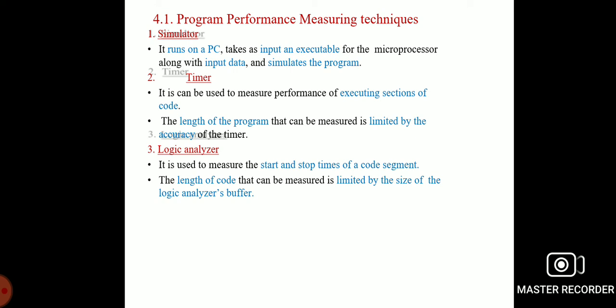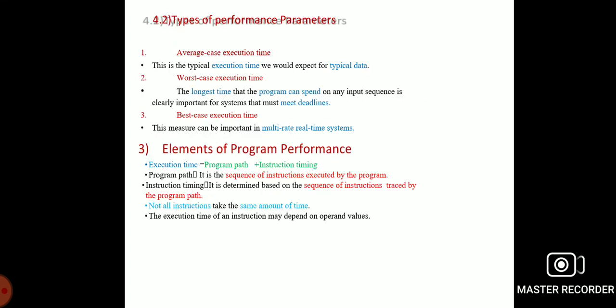And then the cycle accurate simulator is used to determine the exact number of clock cycles required for the execution. It is built with detailed knowledge of how the processor works.